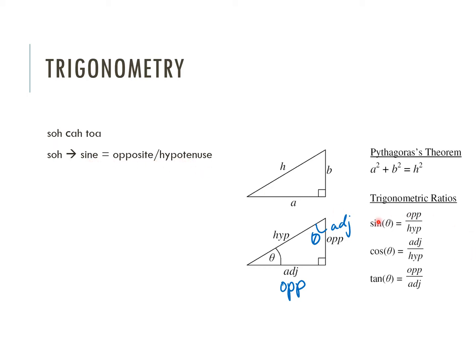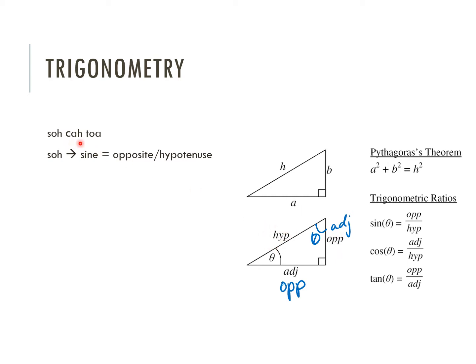So when we look at the trigonometric ratio, we have sine of our angle is going to be equal to the value for the opposite side of the triangle divided by the value of the hypotenuse. So if we're using the original angle we defined, this left angle over here, we would take the value of the opposite side and divide it by the hypotenuse.